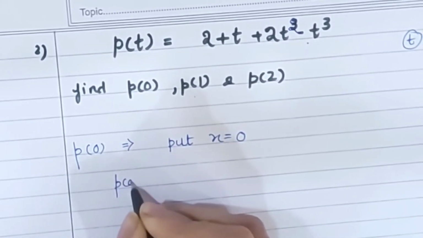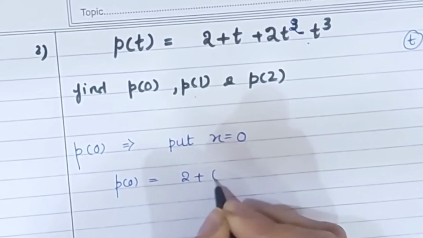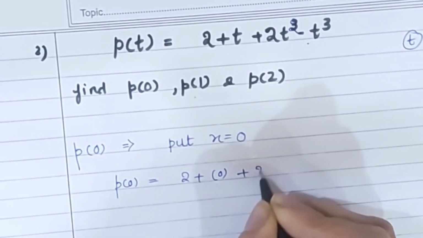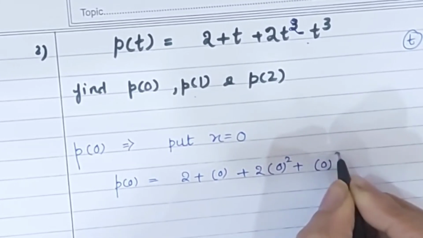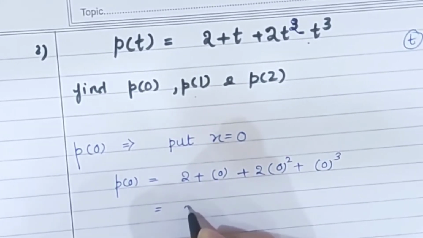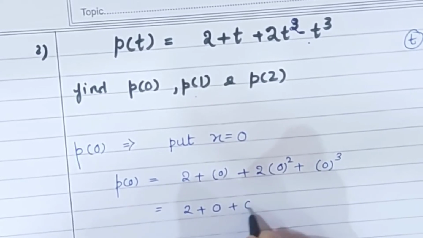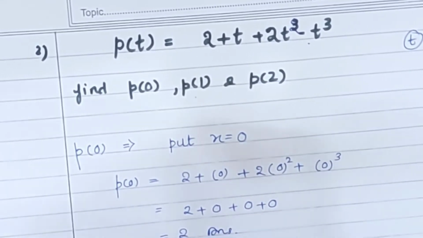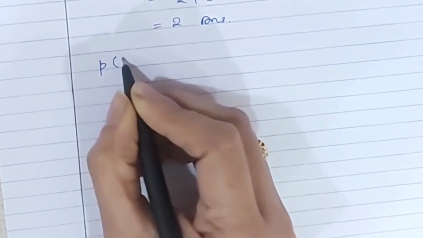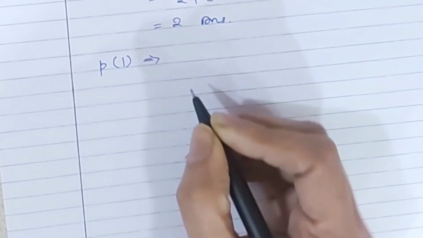So p(0) would be 2 plus 0. Where there is t, we put the value of t as 0. Then we'll get 2 because everything else will be 0. So the answer would be 2. Now for p(1), we have to find the value for t is equal to 1.